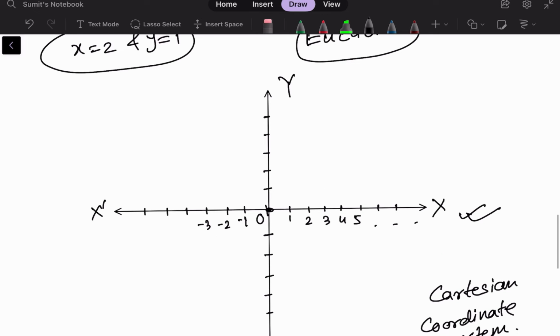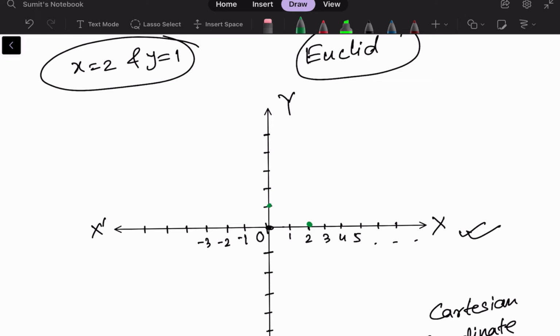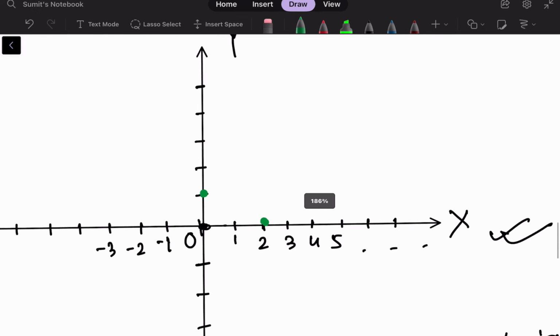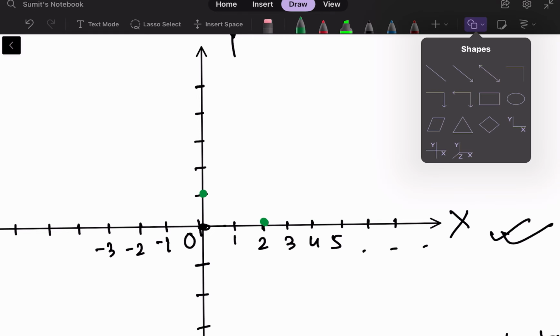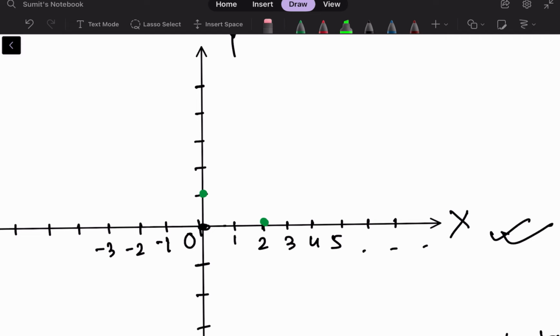For x equals 2, just move on the x-axis to the point 2. That is the point I have highlighted. And y equals 1: move on the y-axis to 1 towards the positive side. That is this point. So how to put them simultaneously?